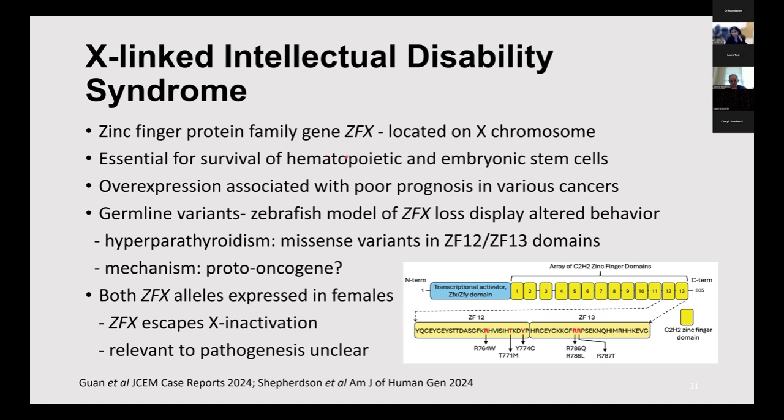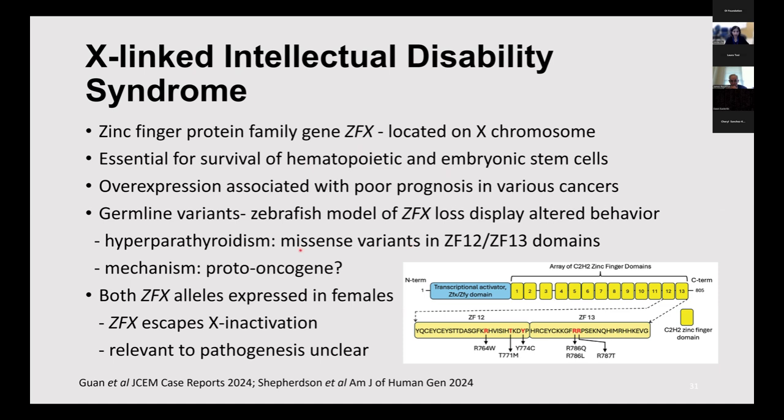This protein is essential for survival of hematopoietic and embryonic stem cells, and overexpression has been associated with poor prognosis in various cancers. What Shefferson et al. showed in 2024, earlier this year, was that a zebrafish model of ZFX loss, with truncating mutations, displayed altered behavior, which was consistent with the syndrome.